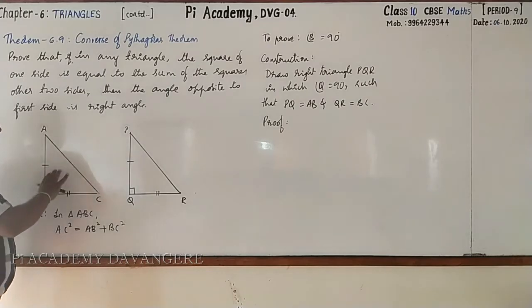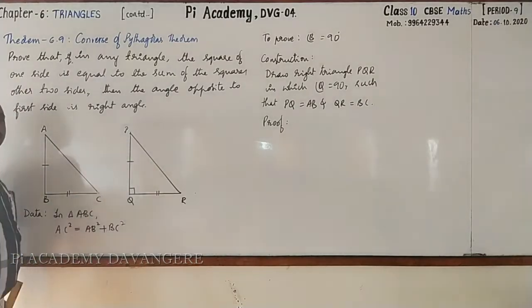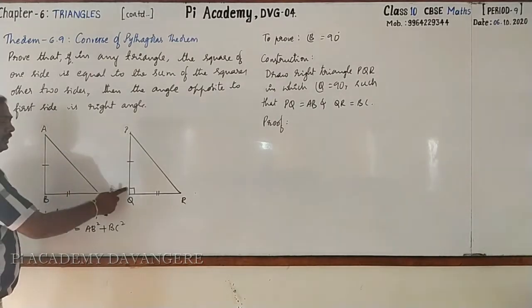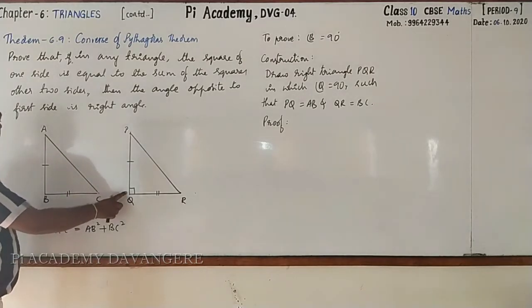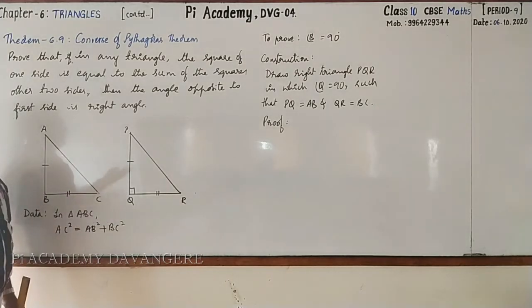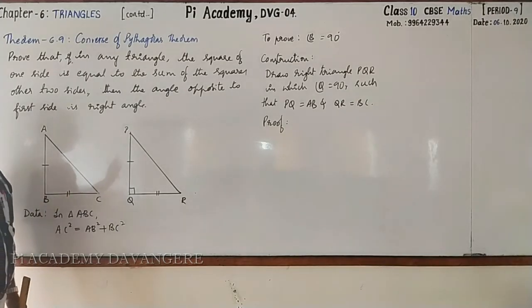After that we can go for using congruency rule. After proving all this, triangle ABC is congruent to triangle PQR. Then angle B equal to angle Q, right? Because angle Q is 90 degree. What about angle B? B is 90 degree. Hence it is proved. Got it?